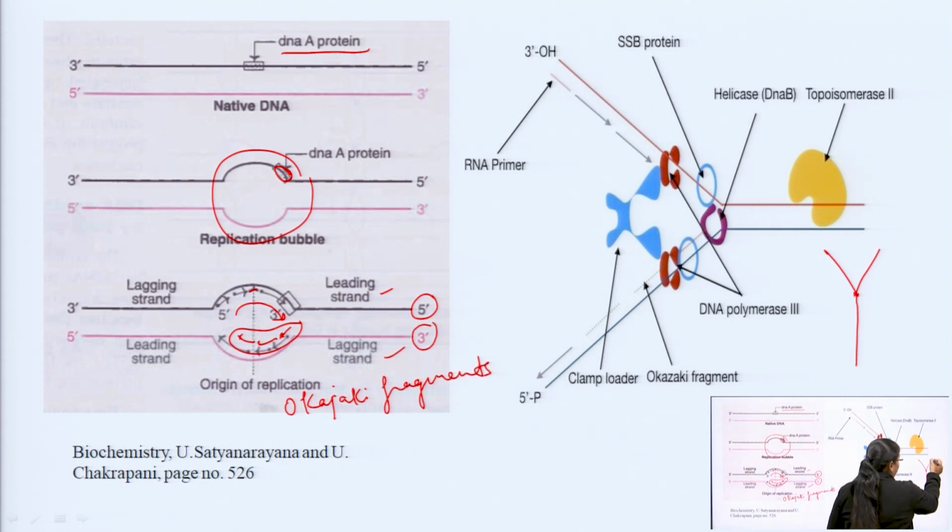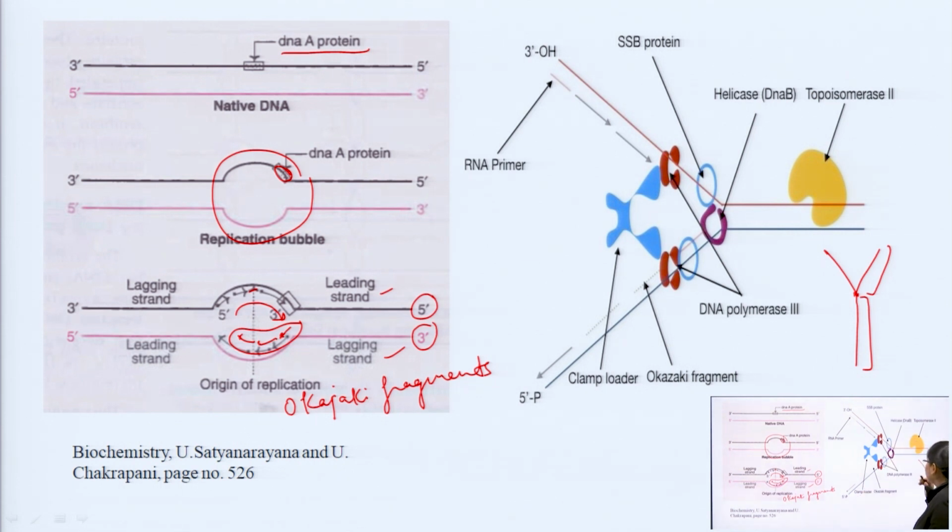So when you have opened, this is the part where you have already opened the jacket, and this is the part which you are going to open the zipper. So this is called the fork structure for DNA replication. This is the same structure. That means we have unhelixed the DNA structure, and now we are starting with the DNA replication.